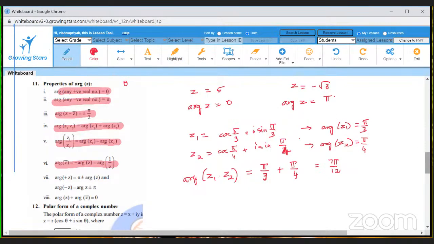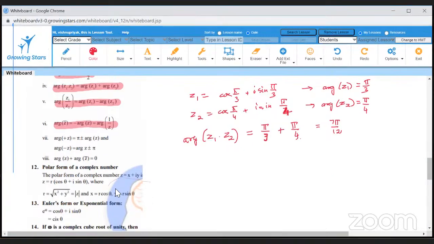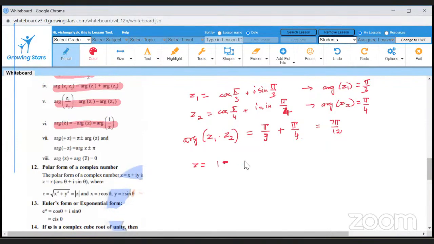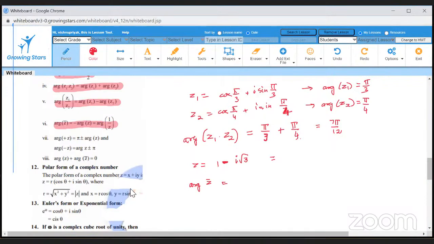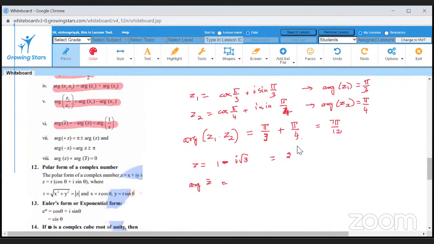This also I will give you one example. This is also an interesting formula. Wherever it is interesting, take one example, and you have to practice. Suppose Z is 1 minus I root 3, and I ask you to find the argument of Z bar. First of all, you have to write it in mod amp form. Mod is 2. What is the angle?